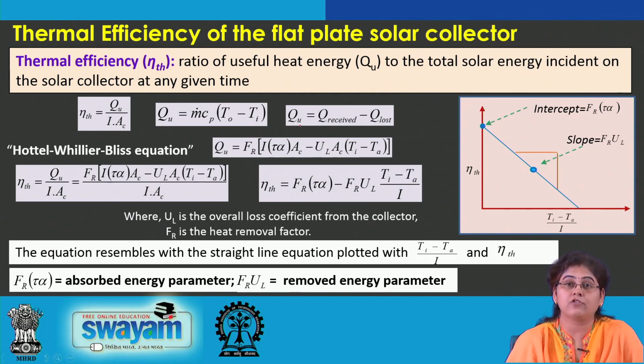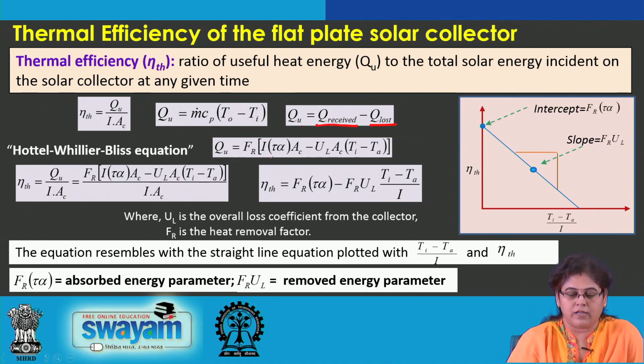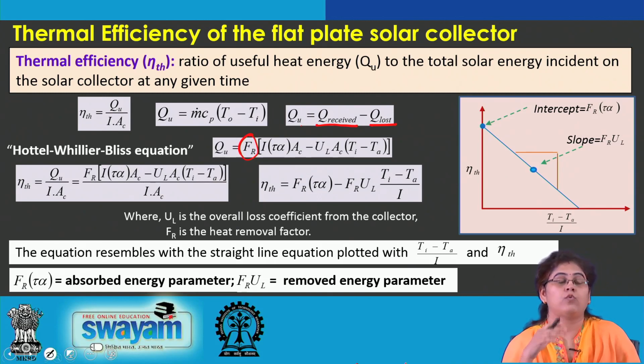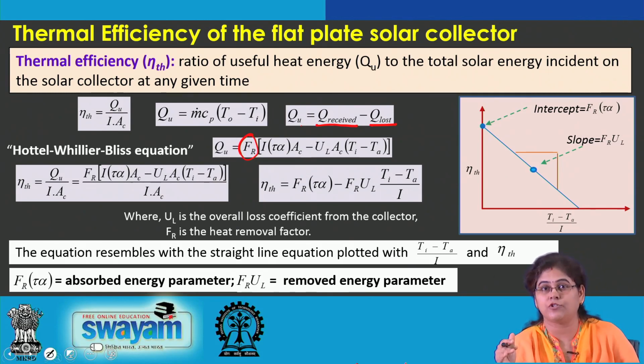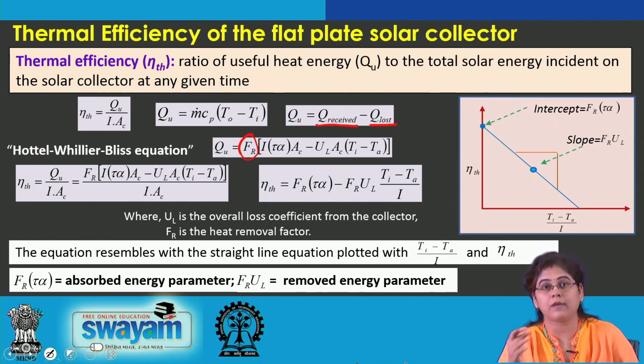So, the useful energy gain by the collector is nothing but the energy received by the collector minus the energy lost from the collector. Here FR is an important parameter to be incorporated to analyze the efficiency of the heat exchanger, and in this case the solar collector is the heat exchanger which plays a major role in performing some useful work.